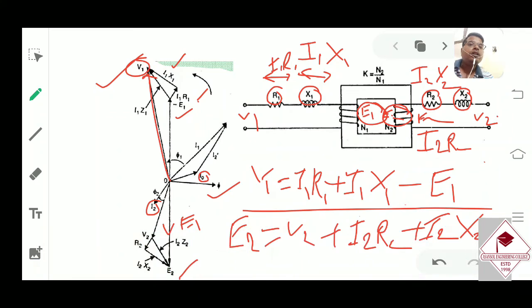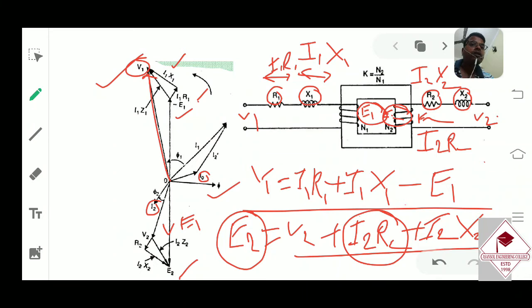So see here, we should get E2 by adding these values. First we have this V2. To this V2 you try to add this I2 R2. How can you add this I2 R2? I2 R2 should be in phase with I2.